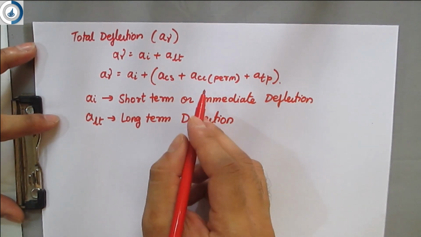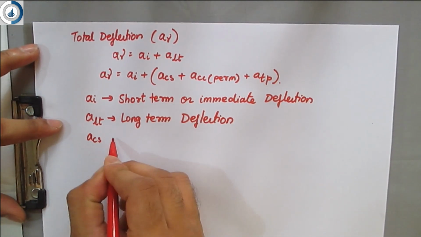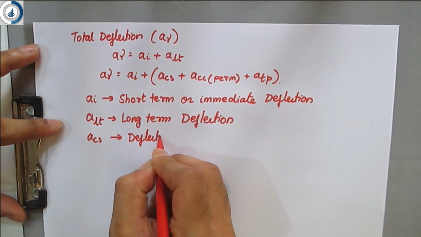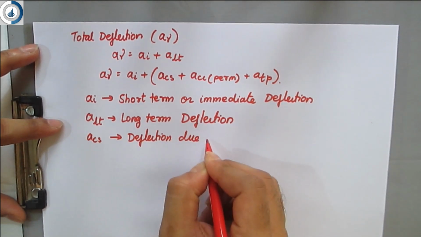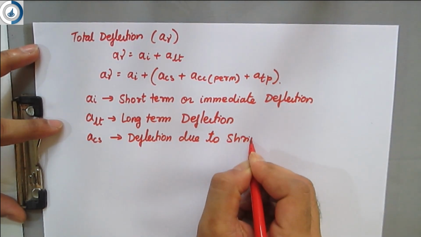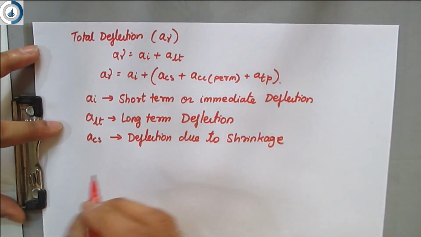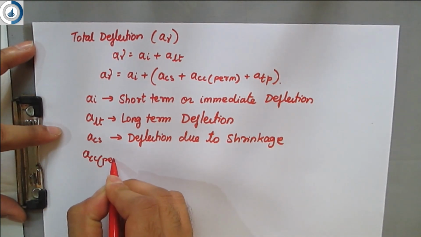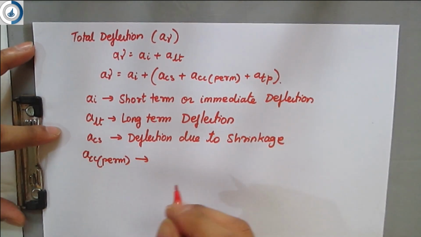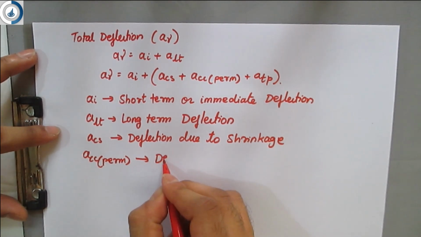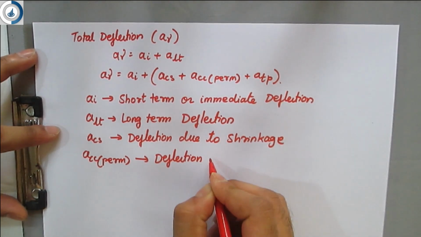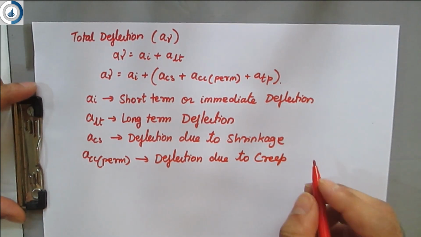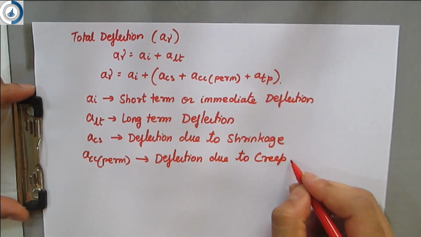Next, the first one, ACS, is your deflection due to shrinkage. Then ACC permanent is your deflection due to creep, which is very important for the long-term calculations under permanent loads.